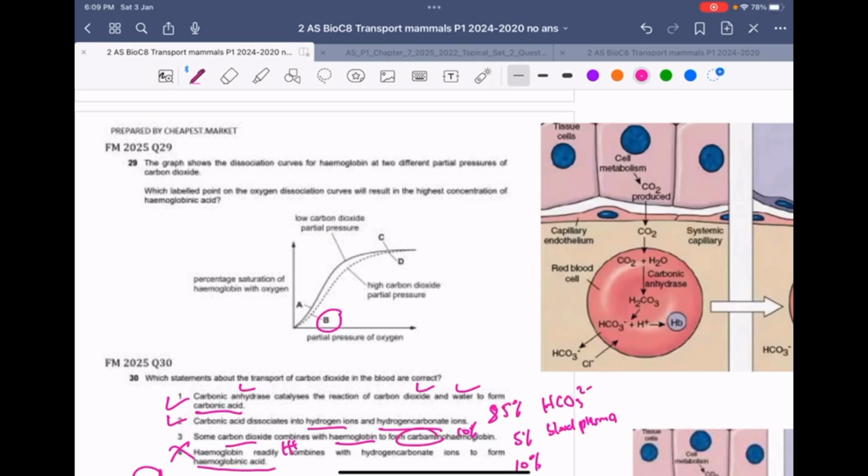Which labeled point on the oxygen dissociation curve will result in the highest concentration of hemoglobinic acid?